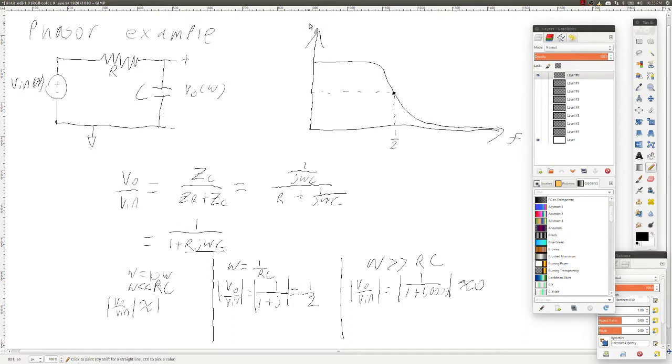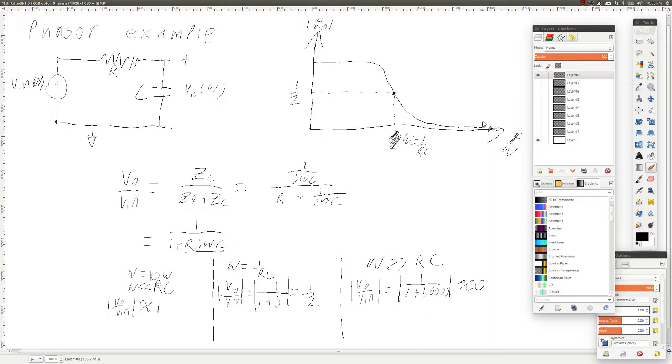This is magnitude of V out over V in. At, nope, that's not 1/2. I'm doing that wrong. This is omega equals 1 over RC. I should be doing this on omega, not F. And this is 1/2. Around here, it's close to 1. Here, we fall down to 1/2. Here, we cut off to 0.